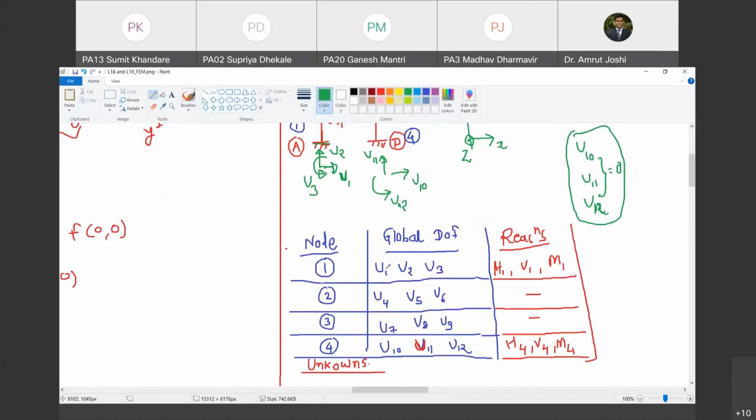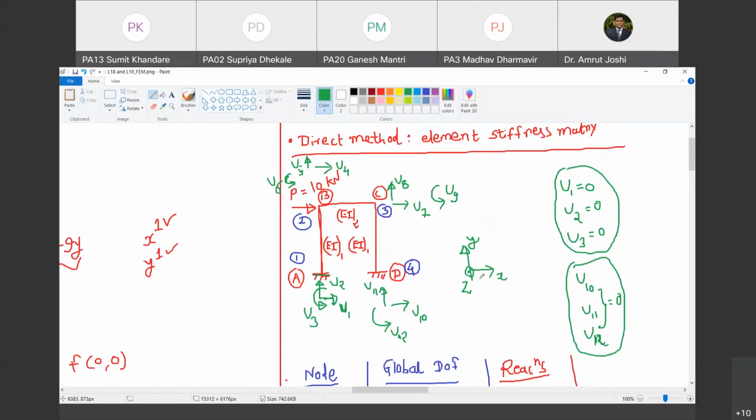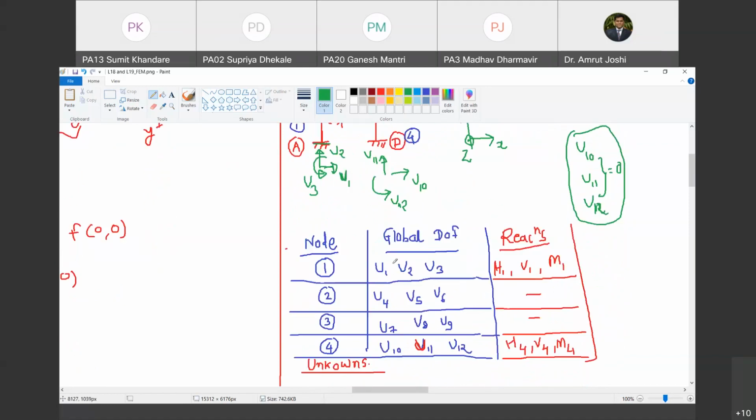I'm going to ask about a quantity. You are going to tell me whether it is known or unknown. So tell me, what can you say about U1, U2, U3? Known quantities. These are zeros. Do you agree with me? Yes, sir. What can you say about H1, V1, and M1?